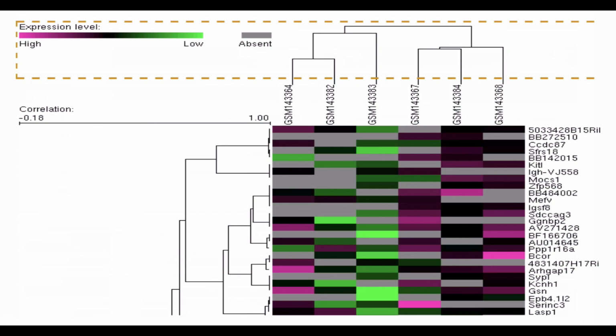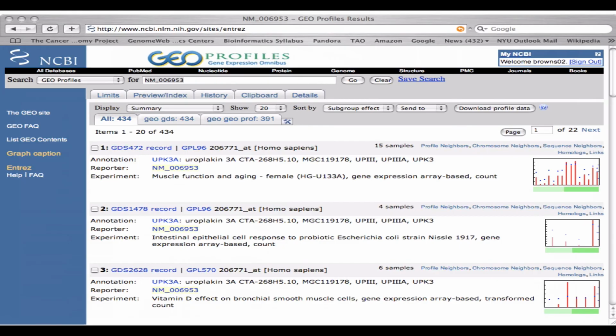And I have seen some interesting data discovered this way. So for well-known genes, RAS or whatever, it's probably going to work pretty well. That's what I'm showing here, GEO profiles. So this is typing in a GenBank ID. You see up here at the top, NM-whatever, 06953.